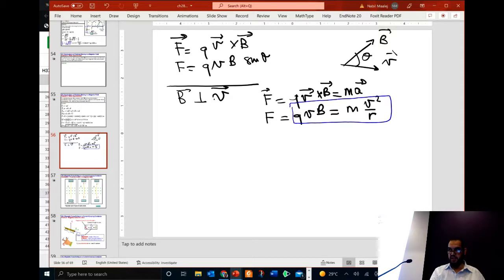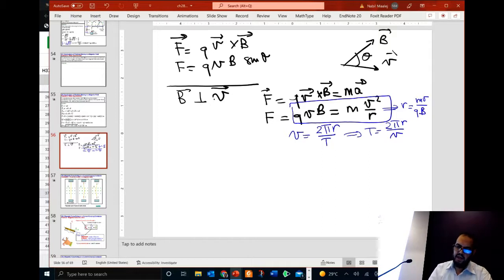If the particle is moving in circular motion, V is equal to the circumference of the circle, which is 2 pi r, divided by the period T, and hence T is equal to 2 pi r over V. From here, r is going to be m v over q B. The frequency of rotation, or how many rotations per second, is given by 1 over T, and omega, the angular frequency, is 2 pi f.